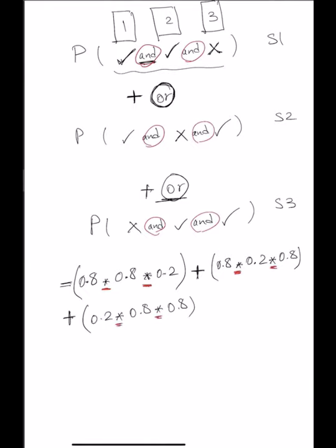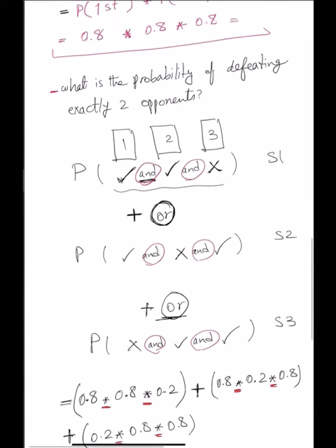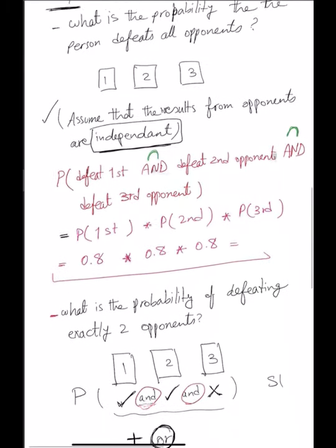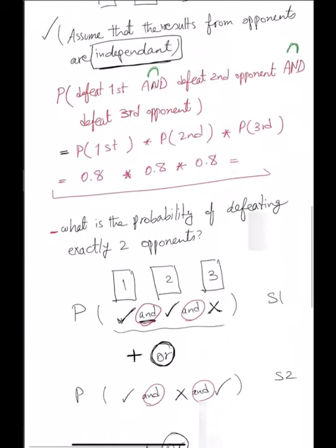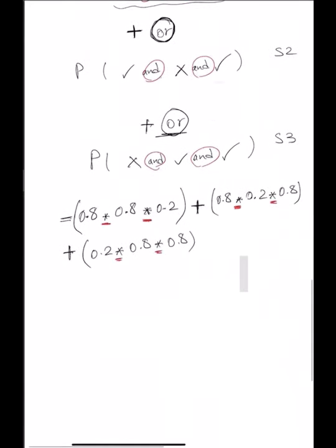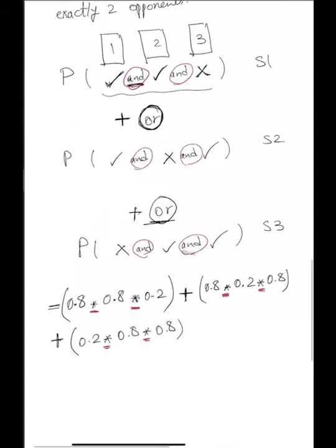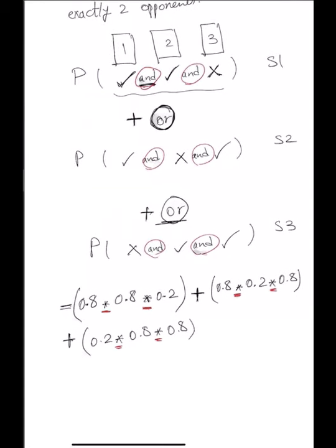Simply because... Oh, Professor, how did you get the 0.2? So if there is an 80% chance of winning, what is the chance of losing? Oh, okay, 0.2.